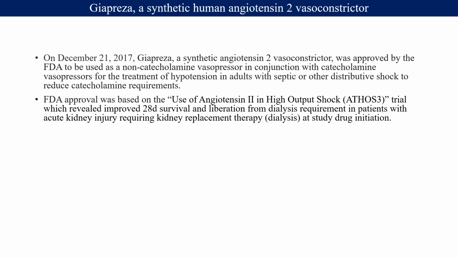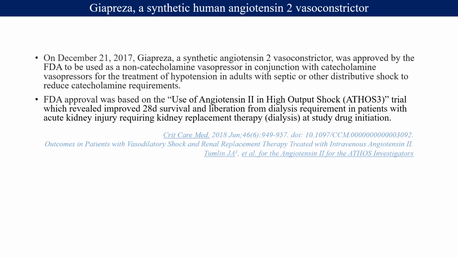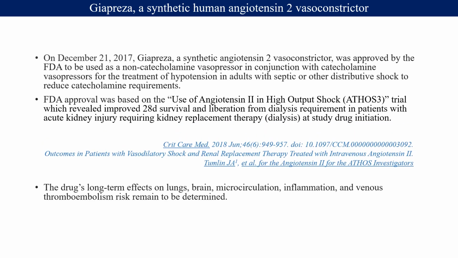The FDA approval was based on the use of angiotensin II in high-output shock, known as the ATHOS-3 trial, which revealed improved 28-day survival and liberation from dialysis requirement in patients with acute kidney injury requiring kidney replacement therapy at study drug initiation. The drug's long-term effects on lungs, brain, microcirculation, inflammation, and venous thromboembolism risk remain to be determined.